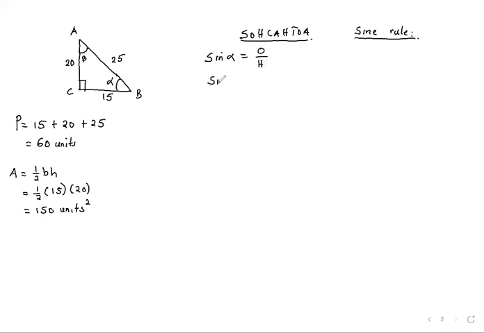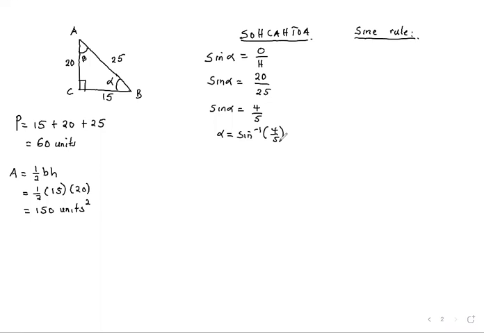So in this case, we'll have sine alpha is equal to, opposite is 20, hypotenuse is 25. So you get sine alpha is equal to 4/5, and so alpha is sine inverse 4/5.